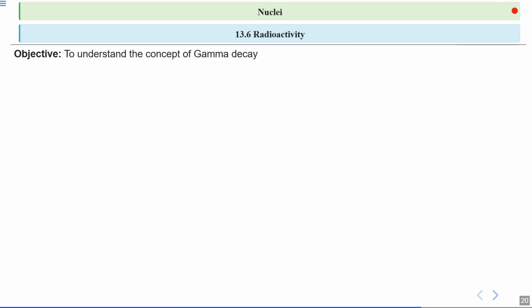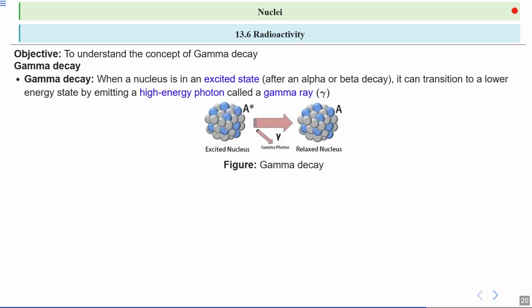Now let's see the concept of gamma decay. Gamma decay is a process that happens in atomic nuclei and it's important for understanding how unstable nuclei release excess energy. Let's start by introducing gamma decay. Gamma decay occurs when a nucleus is in an excited state, which often happens after it has already undergone alpha or beta decay.